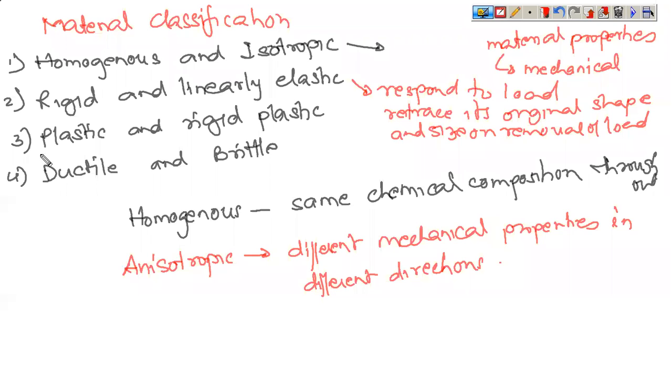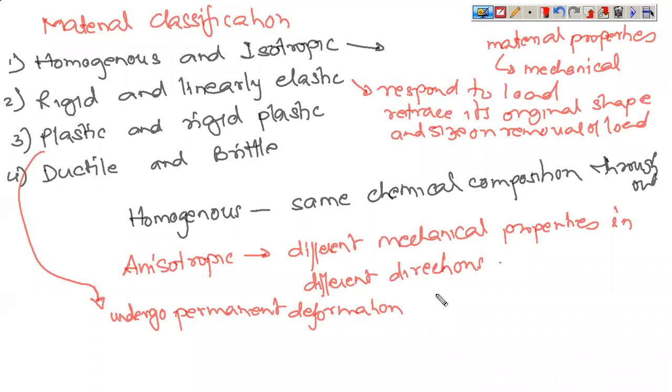A plastic material is a material which undergoes permanent deformation under the application of load. This is the definition of a plastic material.